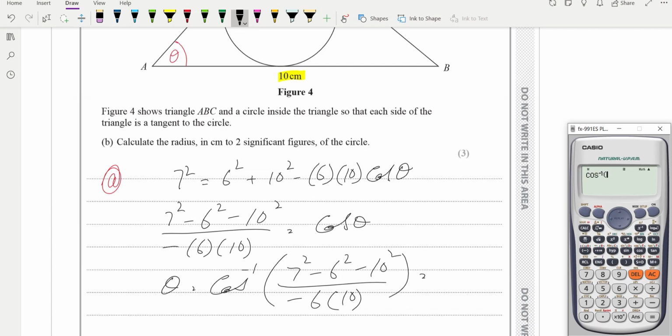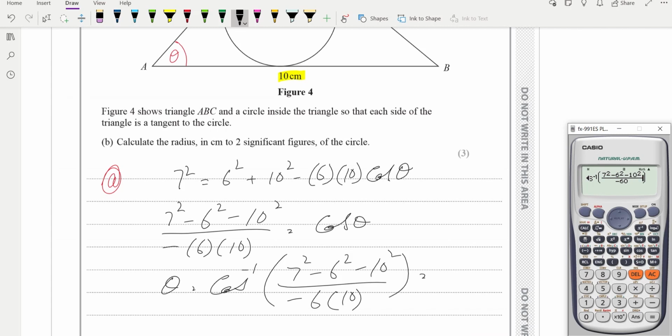We are getting some syntax error over here.